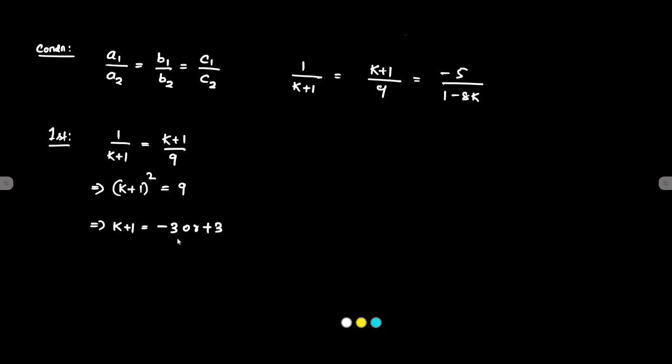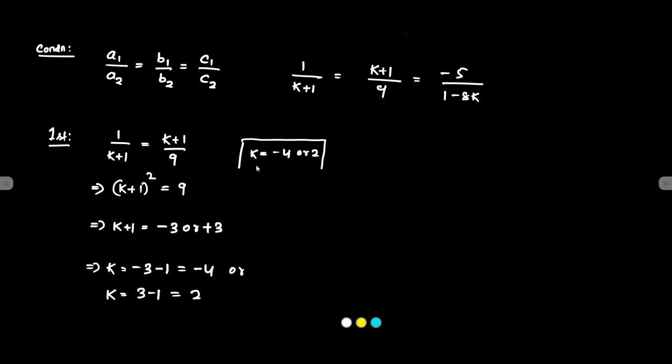So when k plus 1 is minus 3, then k is equal to minus 3 minus 1, which is equal to minus 4. And when k plus 1 is plus 3, k is equal to 3 minus 1, which is equal to 2. So k is equal to minus 4 or k is equal to 2.